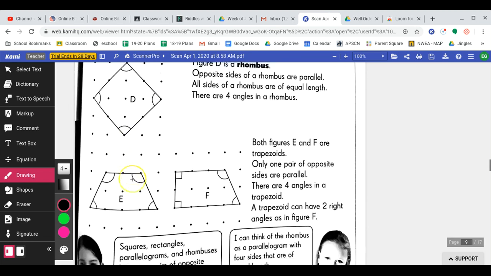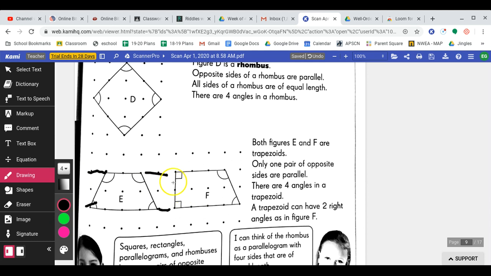Okay, these are some trapezoids. Now, a trapezoid has four sides, but it only has one pair of parallel lines. As you can see here, the horizontal lines are parallel to each other. These are not parallel to each other, though.